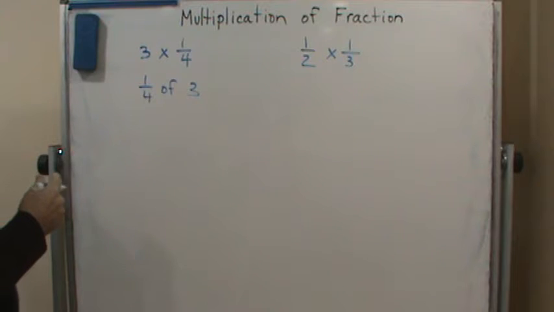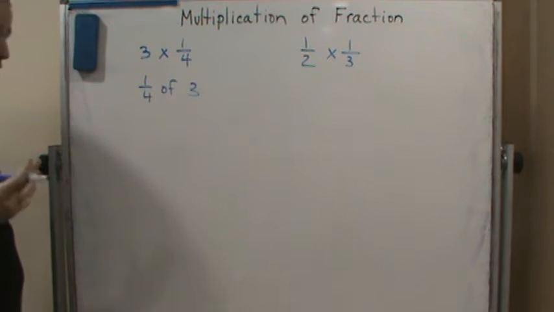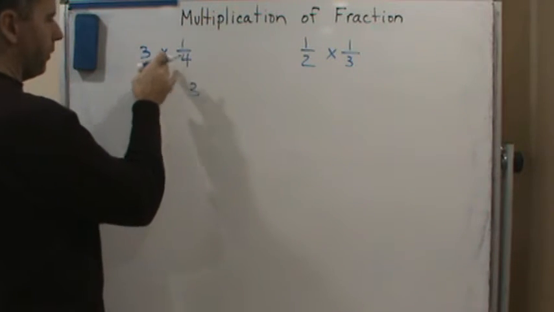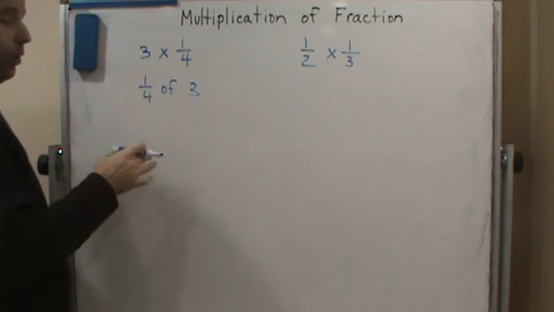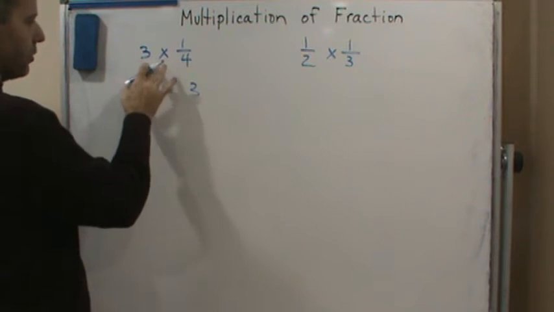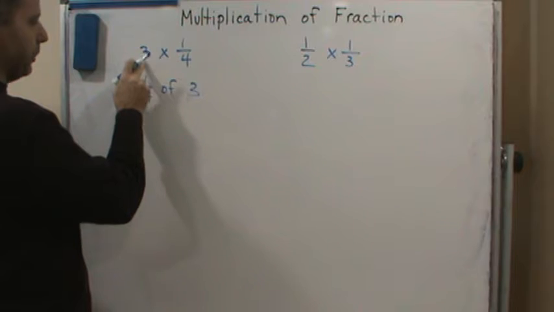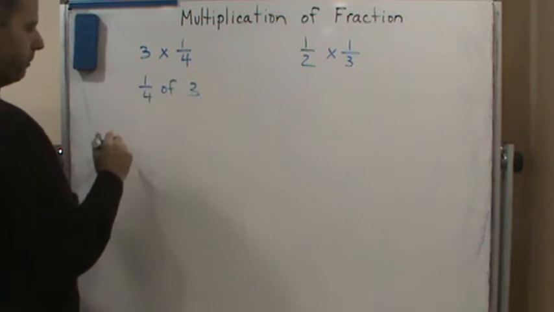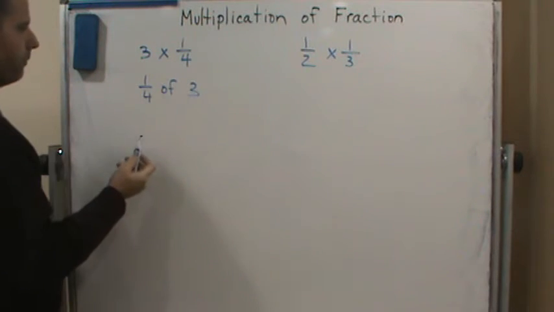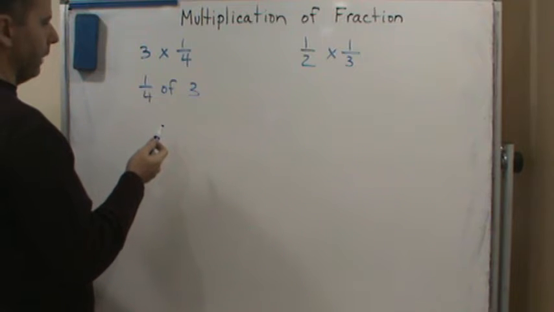How do we handle this? Well, intuitively, we understand what it means to take 1/4 of a 3. And we've seen this before. In just looking at multiplication, this means 3 groups of 1/4.